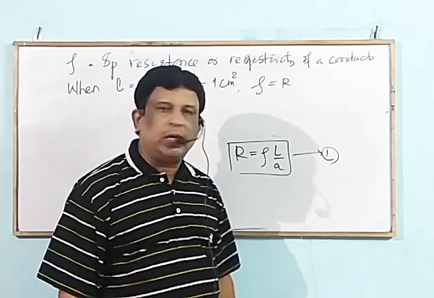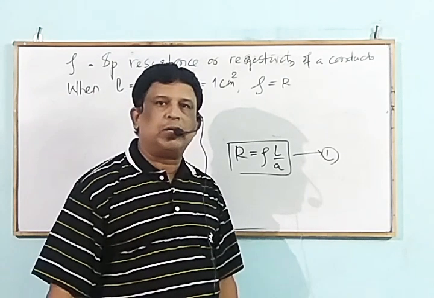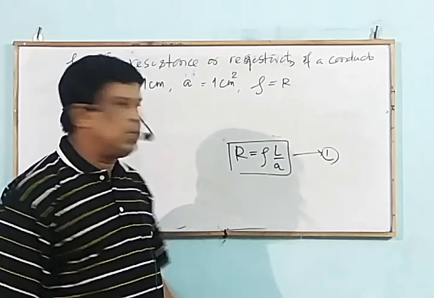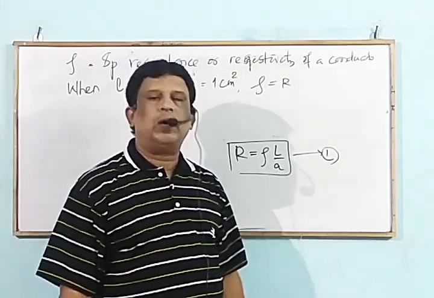Length is 1 centimeter and area is 1 centimeter square. Then the resistance developed is known as the specific resistance or resistivity.